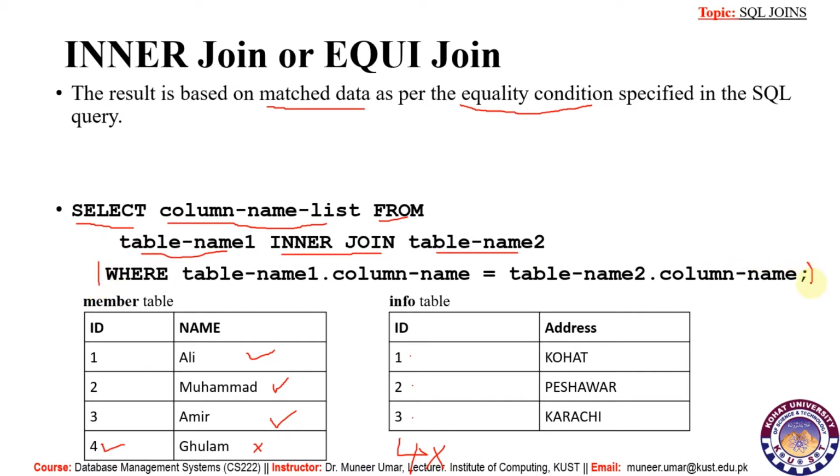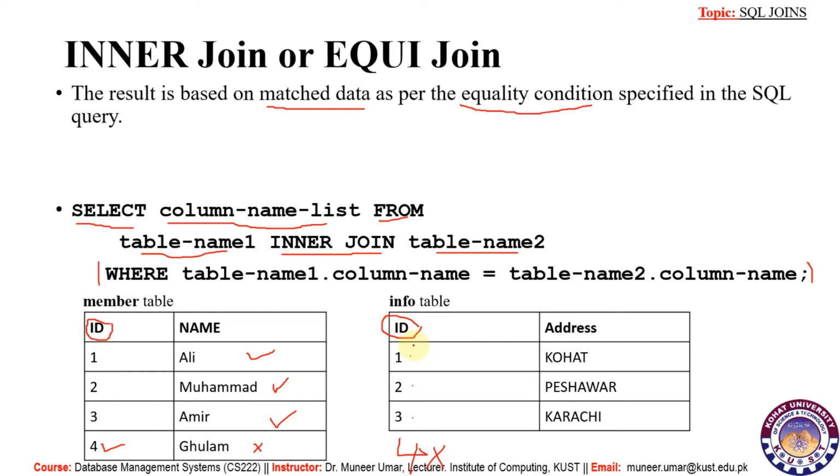Actually, we use this equi-join in a case where the attributes in both tables are dissimilar, but they are used for connecting tables. Like here we have ID, both are same.